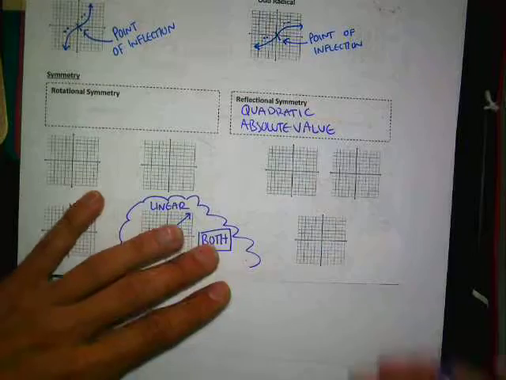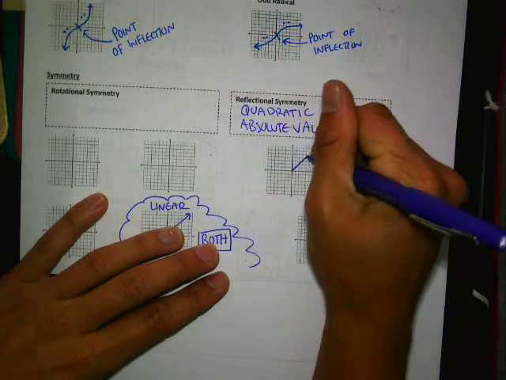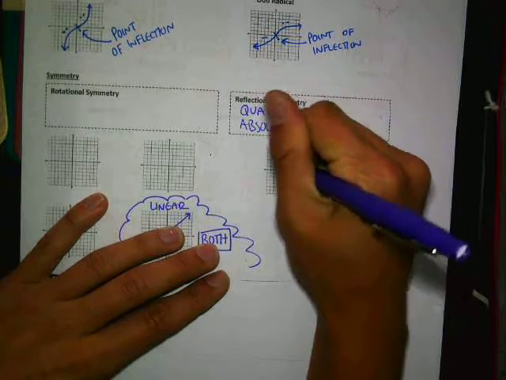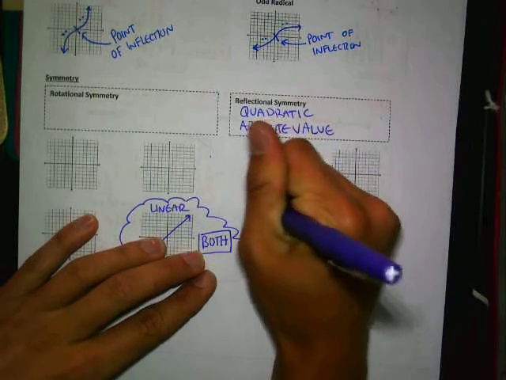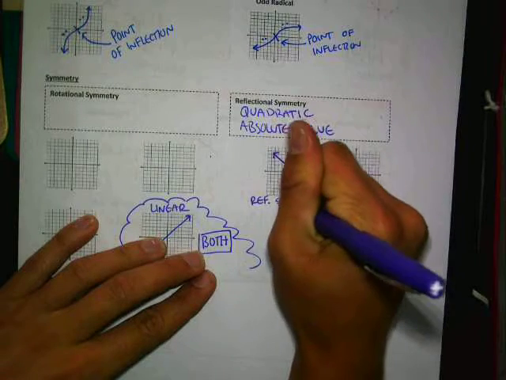All right, the way that you would describe the symmetry, let's draw just the regular absolute value function first. The way that you would describe the symmetry, and you can abbreviate if you want, you're going to say this has reflectional symmetry.